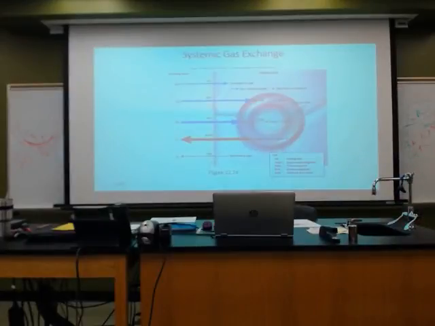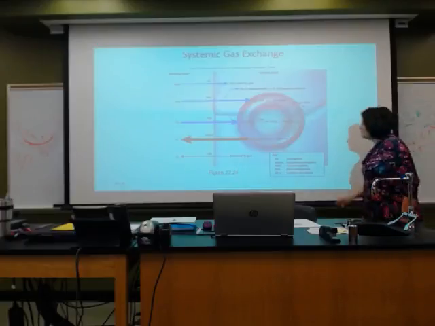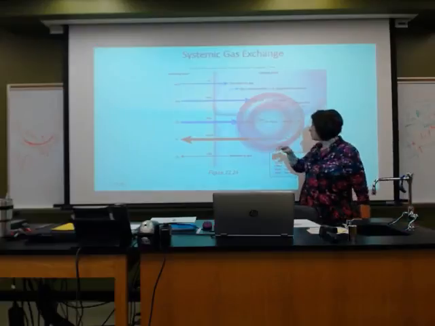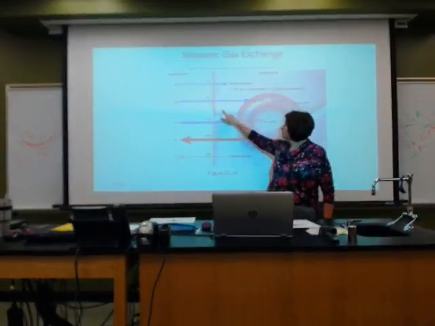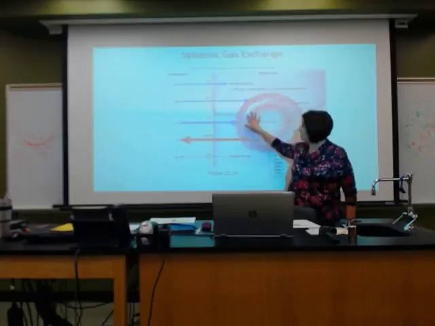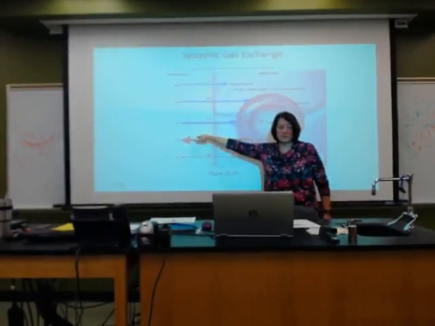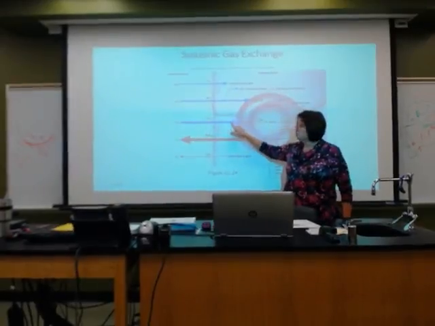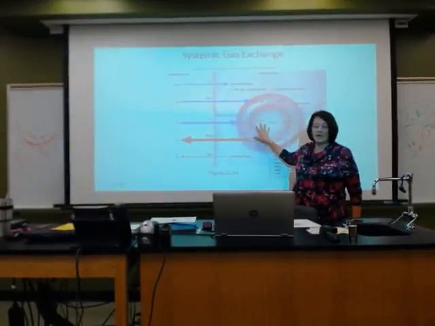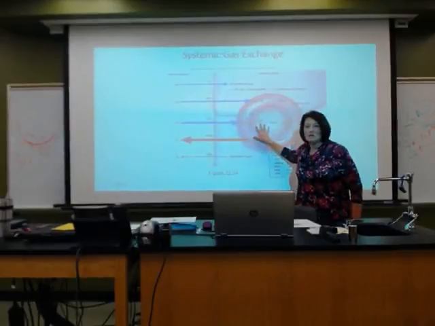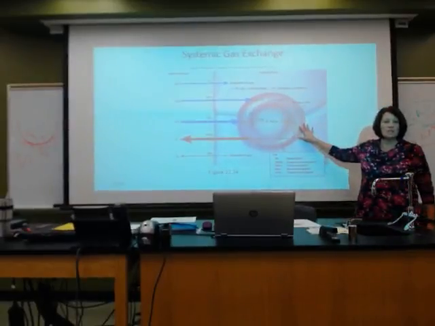So, when we look at what takes place at the tissue level, at the cellular level, all right, my red blood cell, CO2 is making its way to the blood. We need O2 to make its way to the tissues, to the cells. The CO2 in the red blood cell, we have that carbonic anhydrase, which can buffer the CO2.